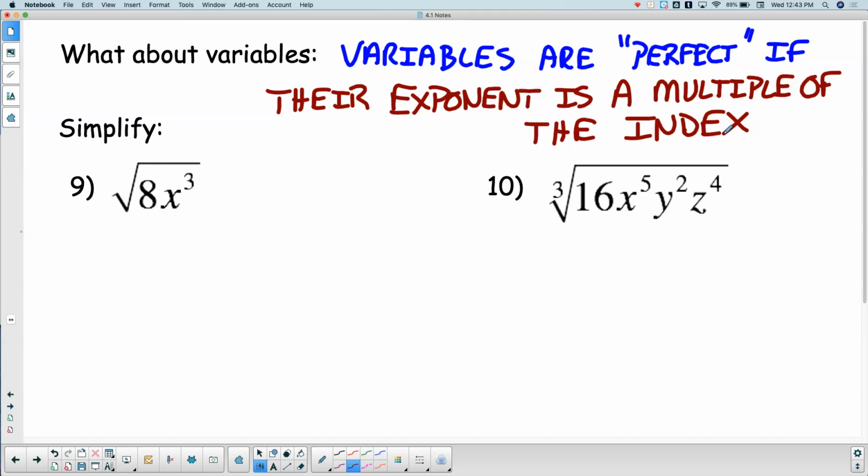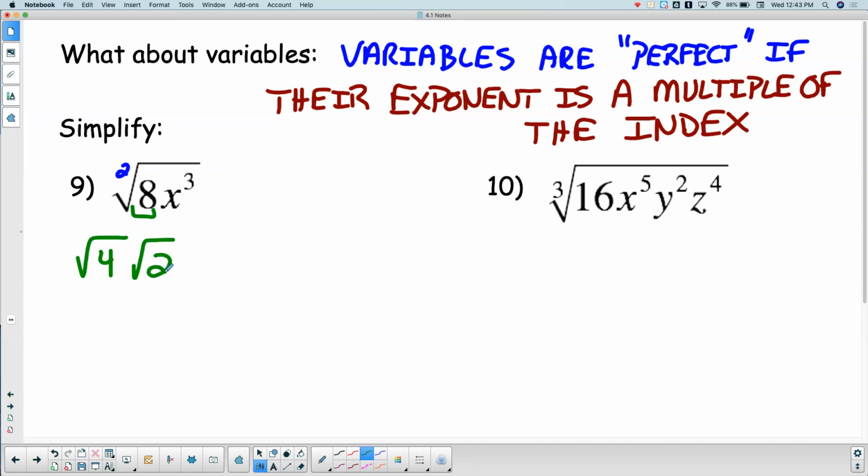Okay? So, in number 9, what's the index? 2. So my index here is 2. So this would become, if I take just the 8 here, the square root of 4 times the square root of 2, just like we've been doing for years.